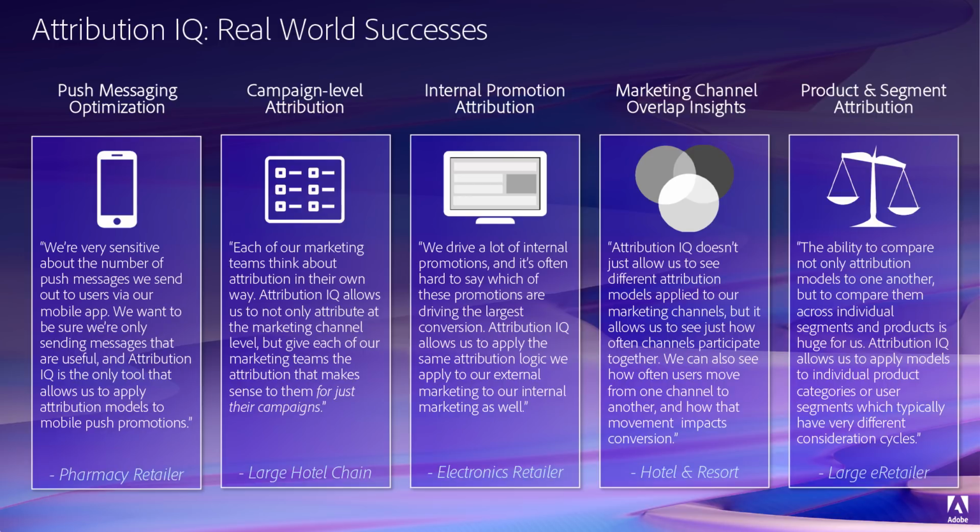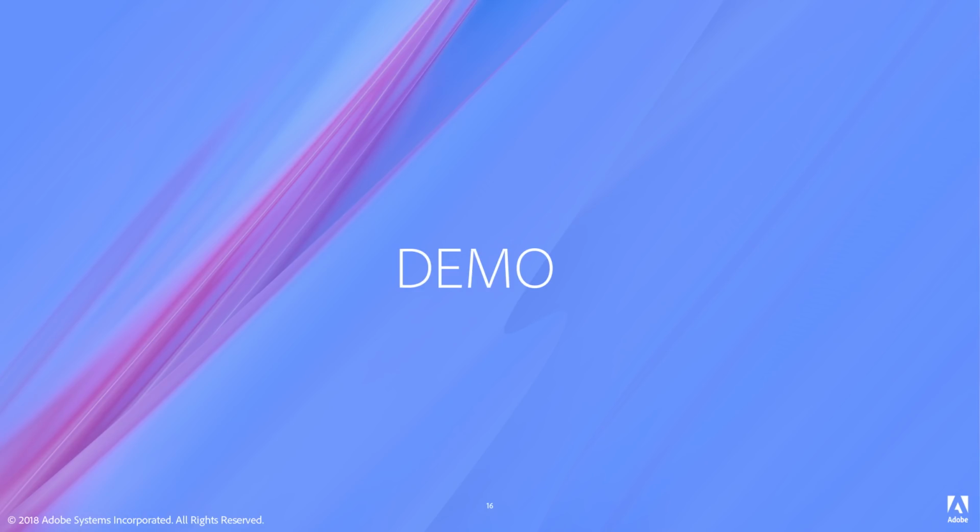And then similarly, if you take a look at each of the different items that we have here, from campaigns to internal promotions, marketing channels, and product and segment attribution, you really get a feel for the fact that we're looking well beyond just the most recent value that drove the conversion. Instead, you're able to see all the different touch points that supported it.